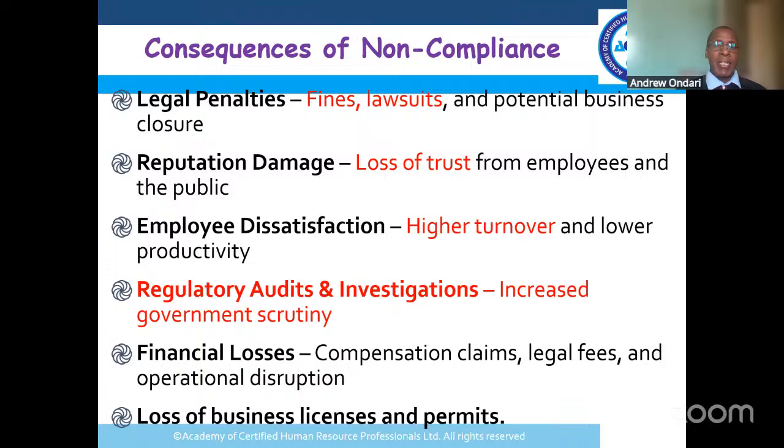The other aspect is regulatory audits and investigations. I want to give an example of a person who was working with an international organization. And this is an article that I read this morning. That the person has been declaring nil returns.